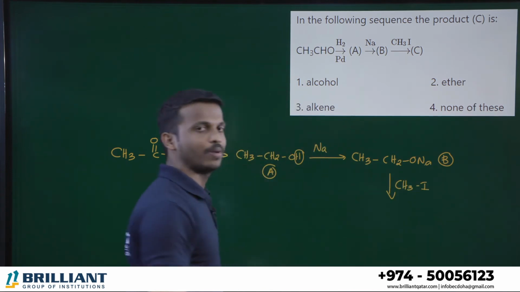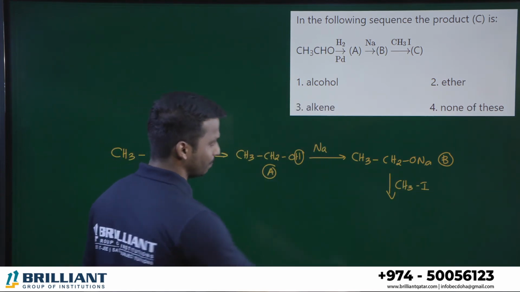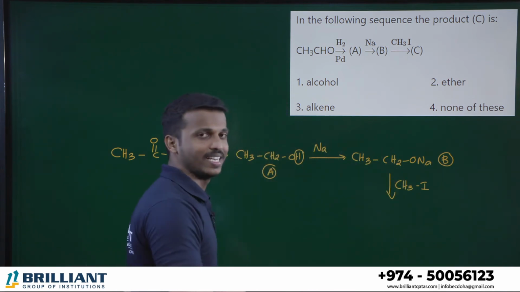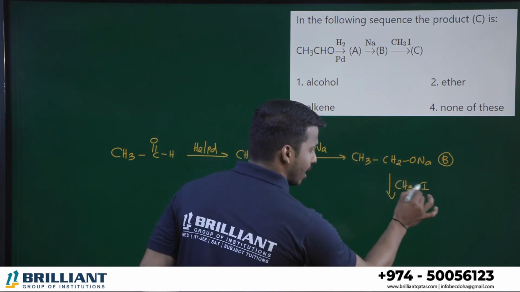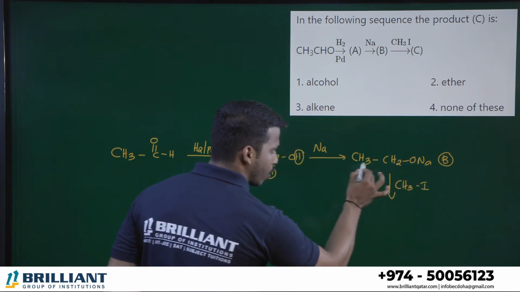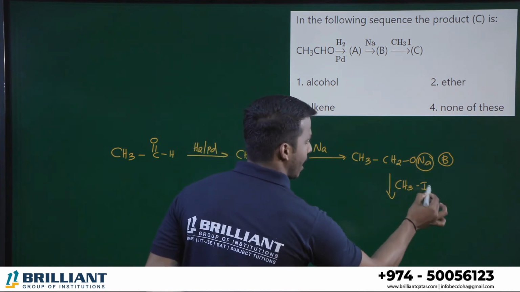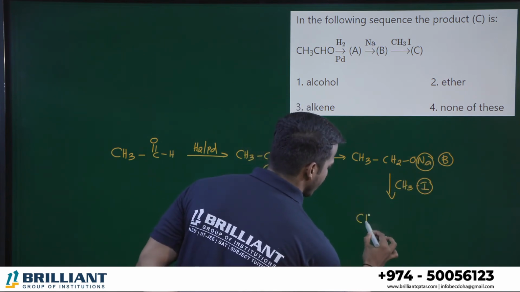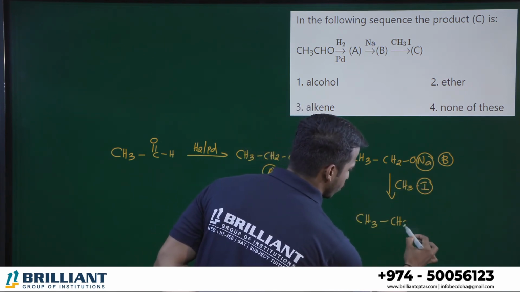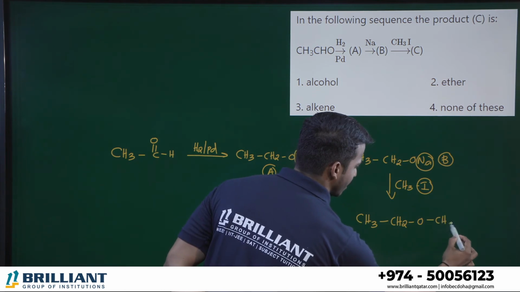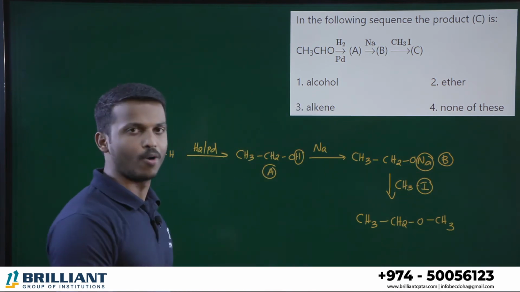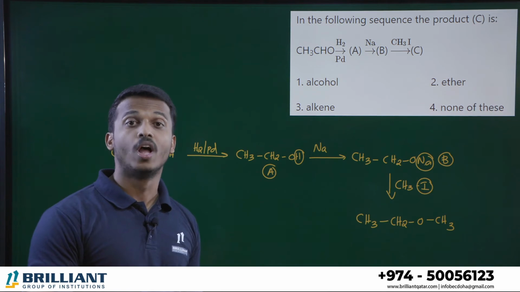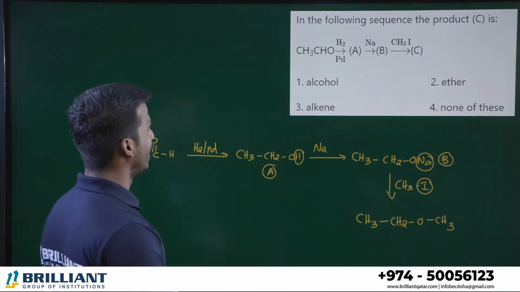Previously we discussed the same type of question. What is this? This is Williamson synthesis. When a haloalkane is treated with sodium alkoxide, sodium iodide is eliminated. Please add the CH3 group here. CH3CH2OCH3 is the compound going to form. This is the formation of an ether through Williamson synthesis.